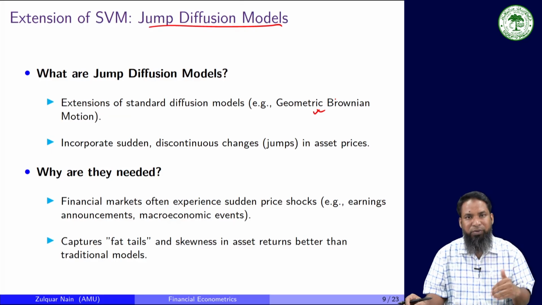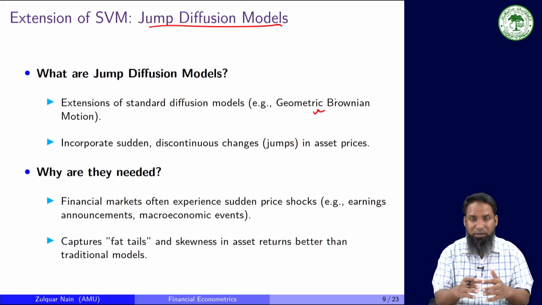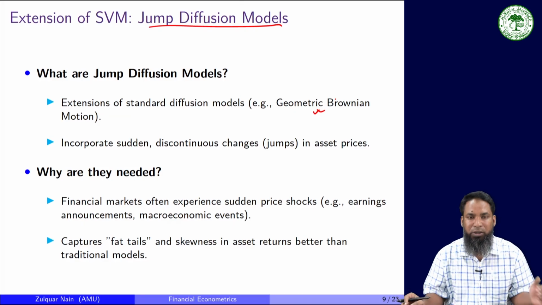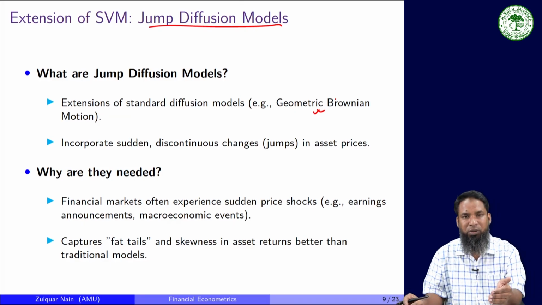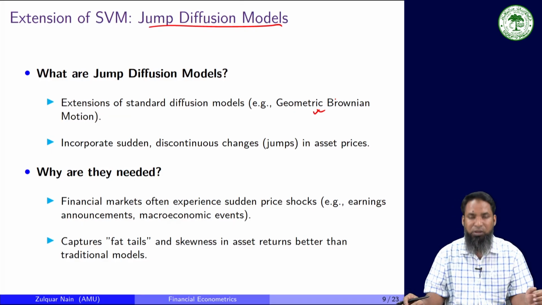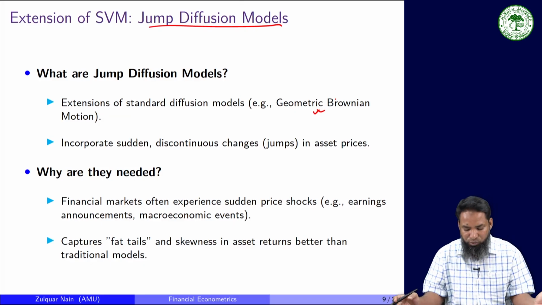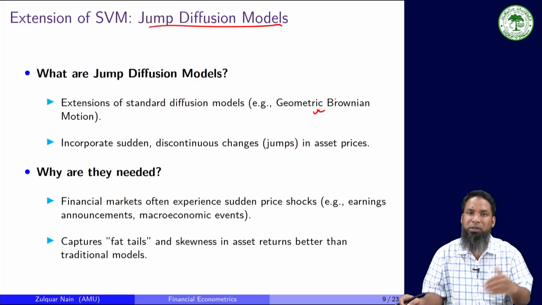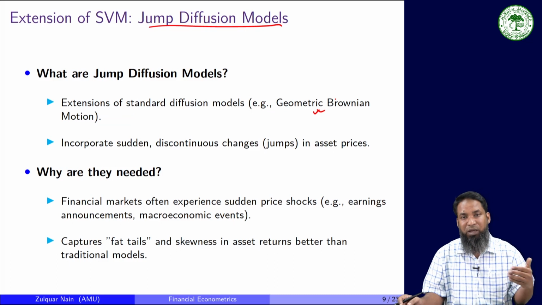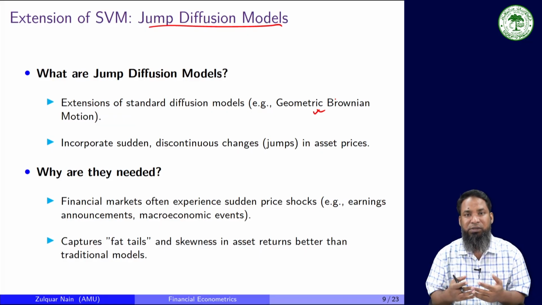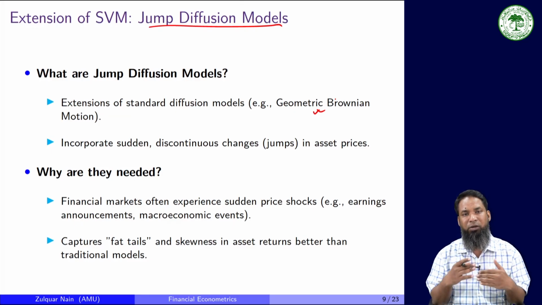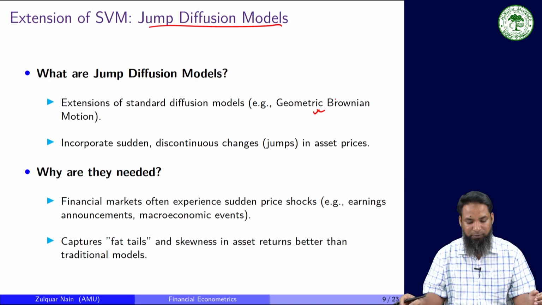Moreover, this jump diffusion extension of the stochastic volatility models is also able to capture fat tails and skewness in asset returns better than the traditional models. And we have seen that fat tails and skewness are stylized facts we observe in asset prices across the market, across sectors, and across different time points.